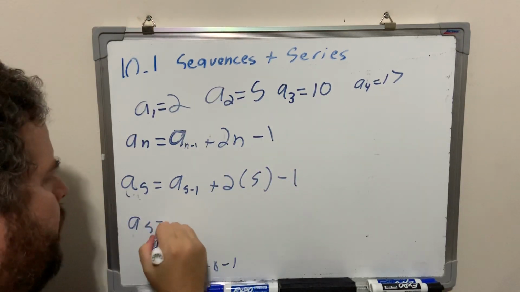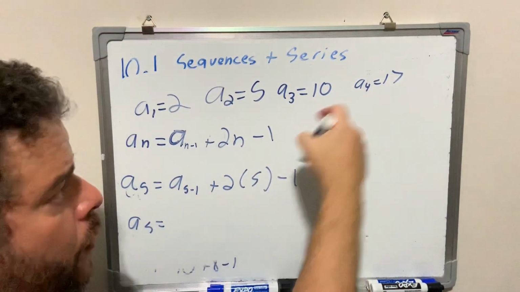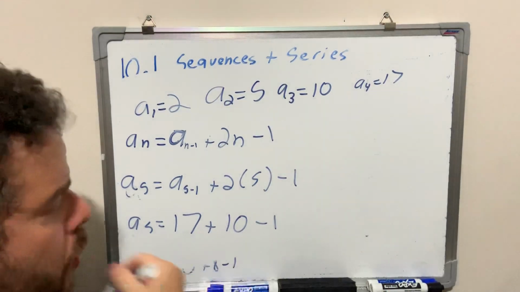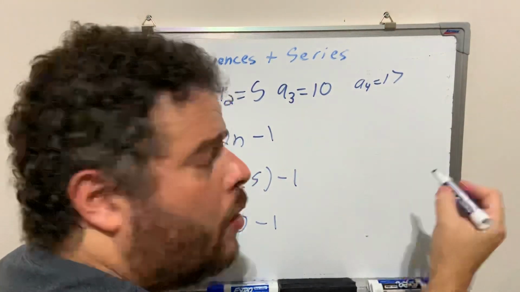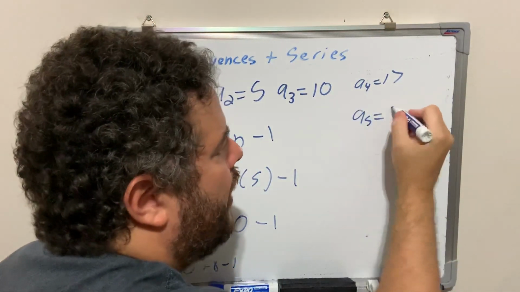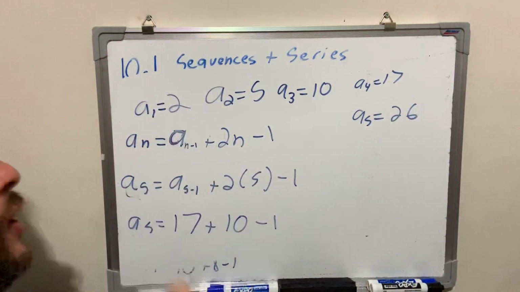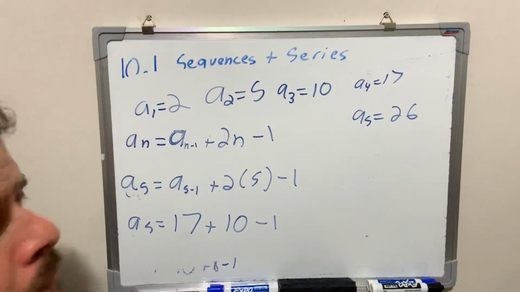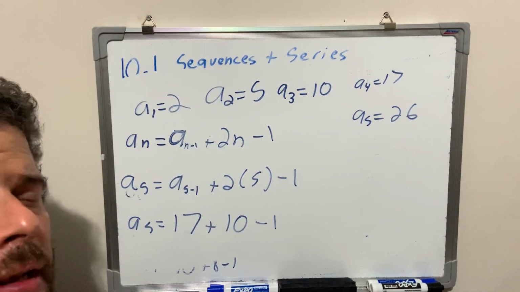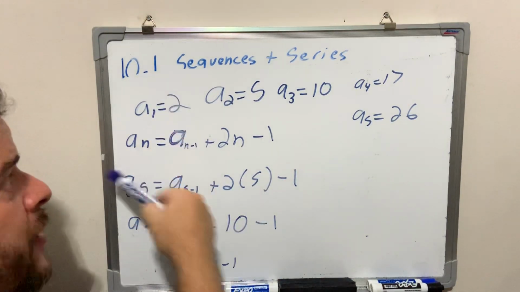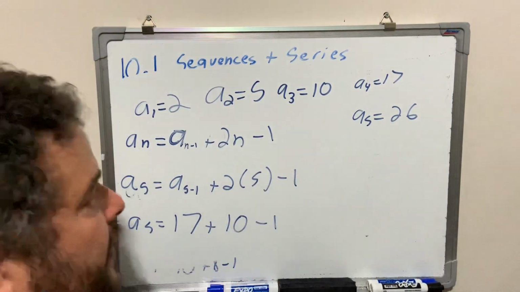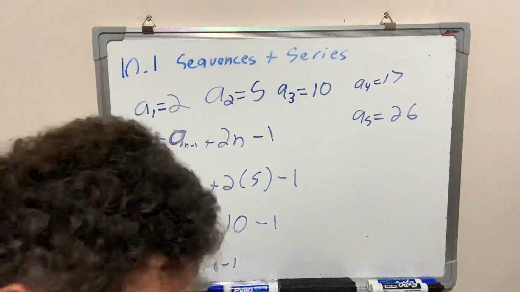The fifth term is equal to A4, which is 17, plus 10 minus 1, which is 27 minus 1, or 26. And again, this is just using recursion. You can see how, given the first one, I was able to plug that value in to find subsequent answers using recursion.